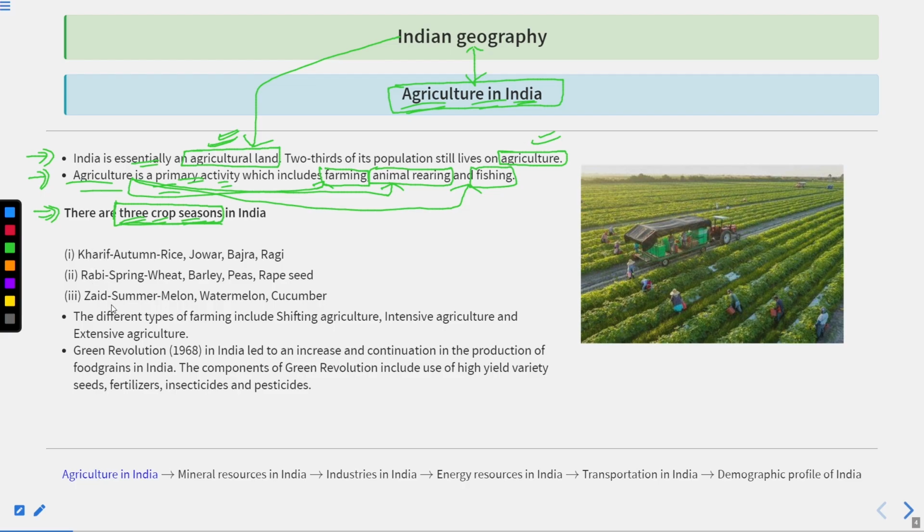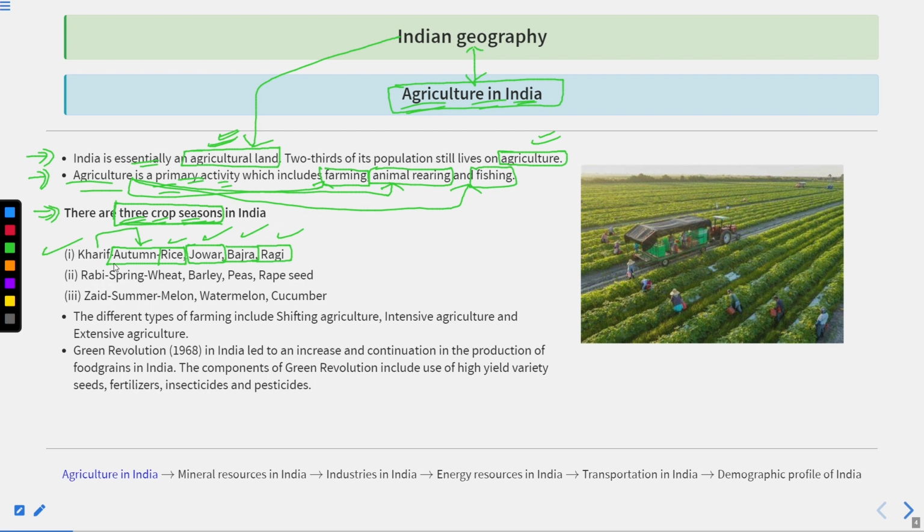Kharif, Rabi, and Zaid. The first one is the Kharif crops. The Kharif crops are famously known as autumn crops: rice, jowar, bajra, and ragi. It means the Kharif crops are grown in the season of autumn, in which we generally produce crops like rice, jowar, bajra, and ragi.